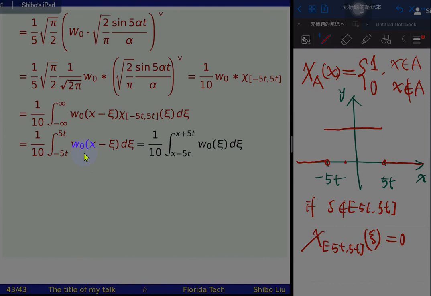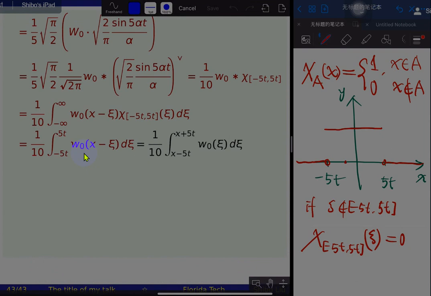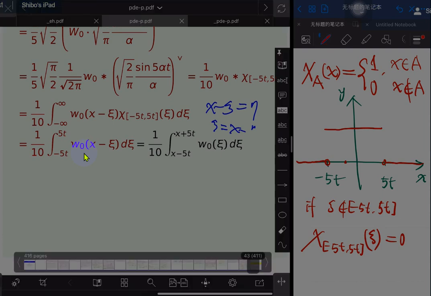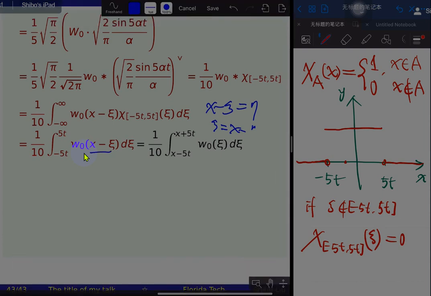In this step, we apply a change of variable. We let x minus ξ be η. Then ξ is x minus η. Simply changing variable, very easy, right? Let this be a function of η.